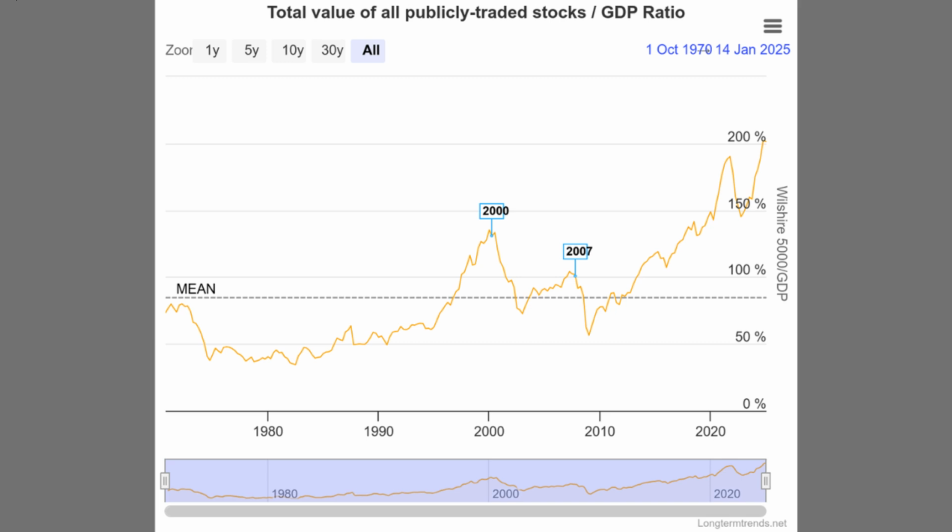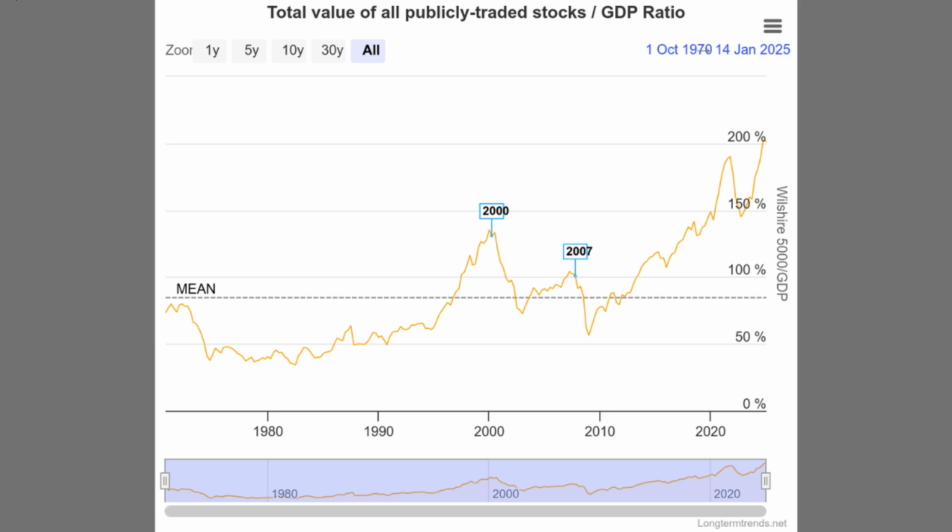And this brings us to Warren Buffett's behavior with buying and selling stocks. He sees that the U.S. stock market, in historical terms, compared to the mean, is highly overvalued compared to that mean ratio.